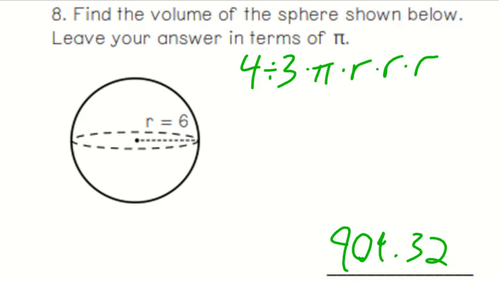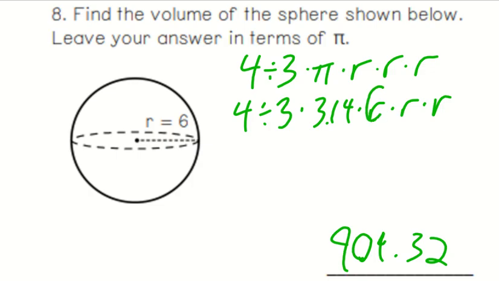So the 3 letters for a sphere are radius, radius, radius. For the other ones, it's radius, radius, height. So for this one, we plug in the numbers, right?